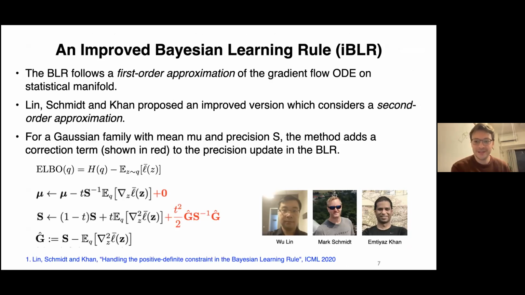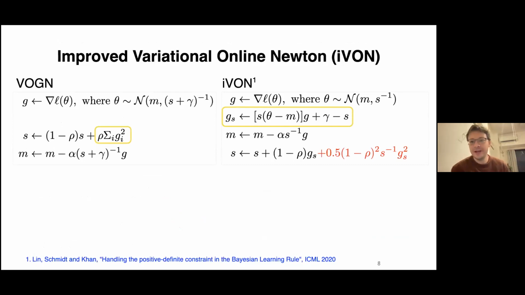And this is useful in practice because then we don't have to square the gradients anymore to have something positive definite, but we can use also a Hessian estimator, which leads us to the improved variational online Newton method, which we used for this competition, which is derived from the improved Bayesian learning rule.